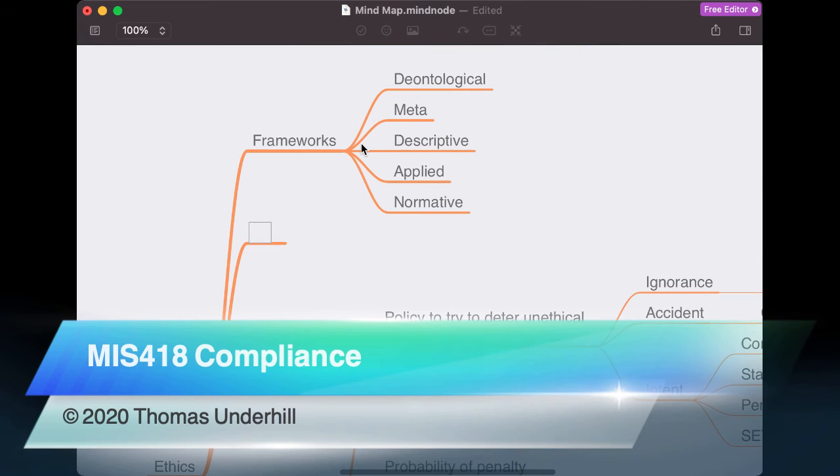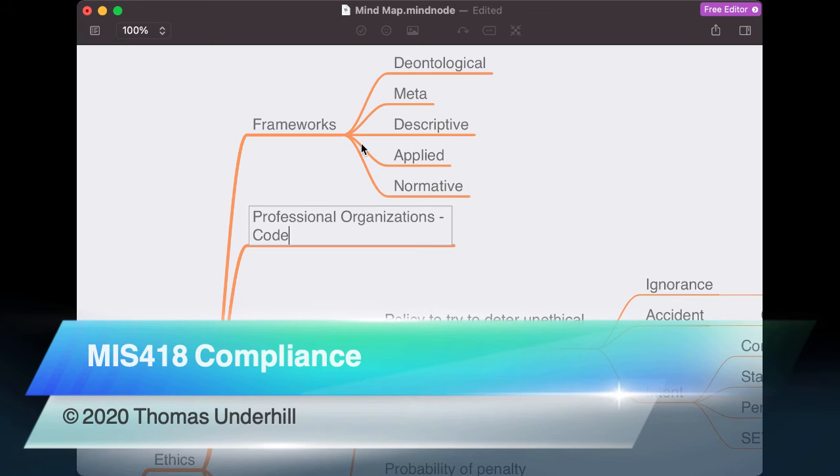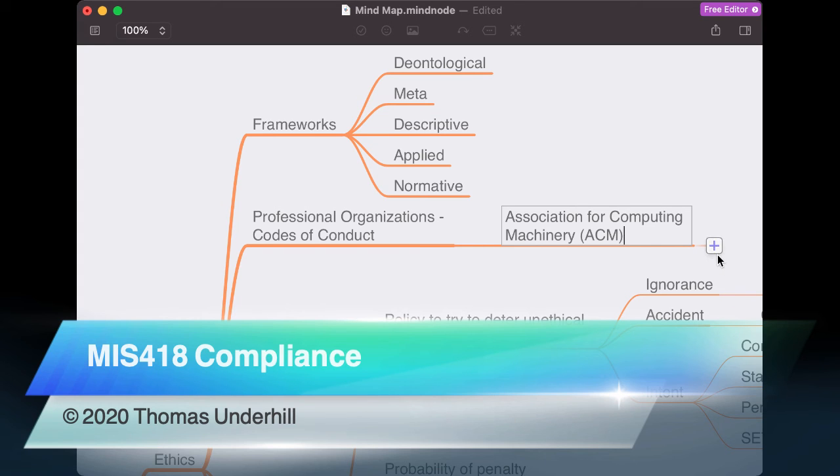All right, now let's do another one here. We have professional organizations, and they have what are called codes of conduct. Within this field, one example is the Association for Computing Machinery, or ACM. You can get access as a student at a very low cost, and I strongly recommend it. They live by a code of ethics.